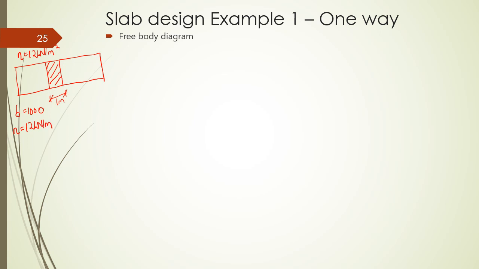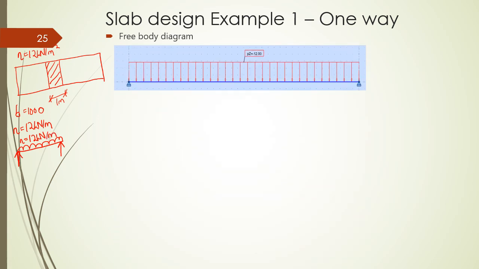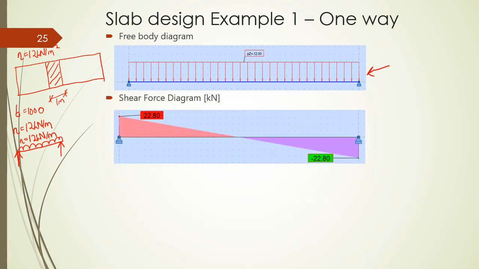We could then idealize this as a beam whose design load is 12 kilonewton per meter. So the free body diagram will look something of this sort. The shear force diagram, which will be given in kilonewtons, will take this form.